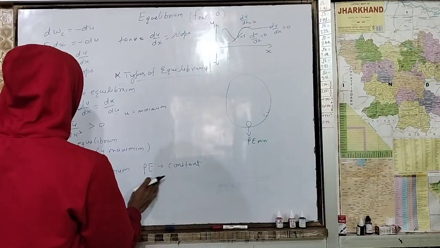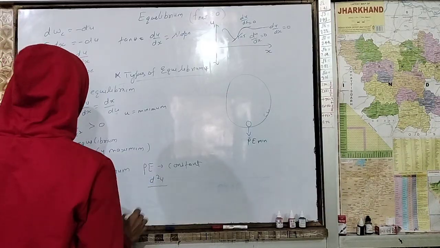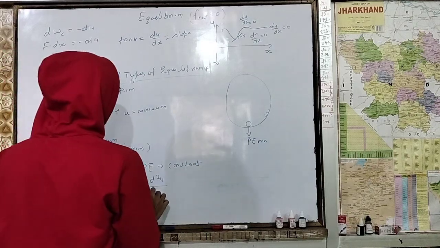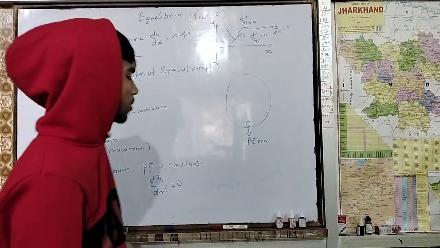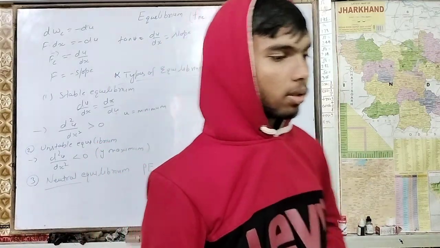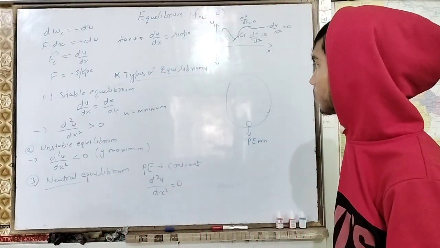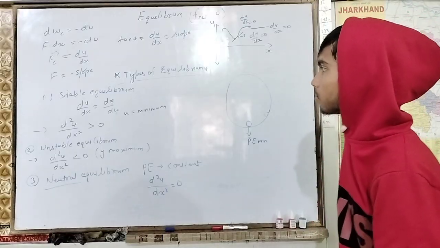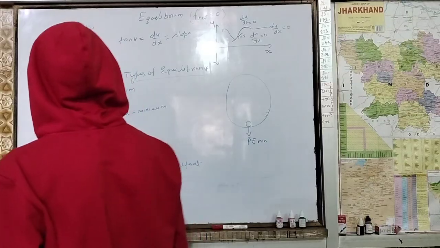Potential energy is a constant, so the differentiation d²U/dx² will be equal to 0. Neutral means 0, unstable means potential energy is a maximum, and stable means potential energy is a minimum.